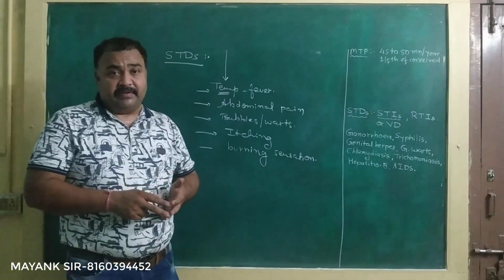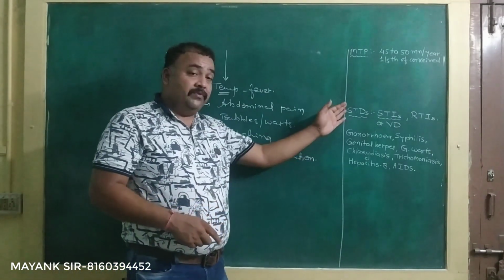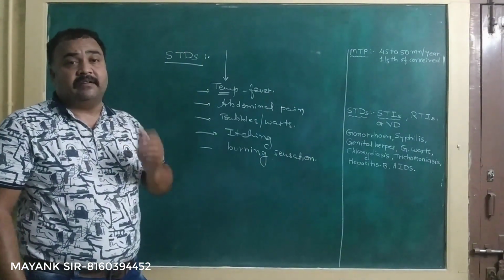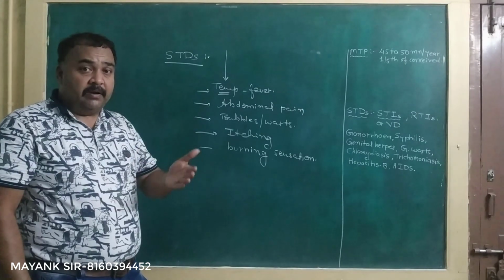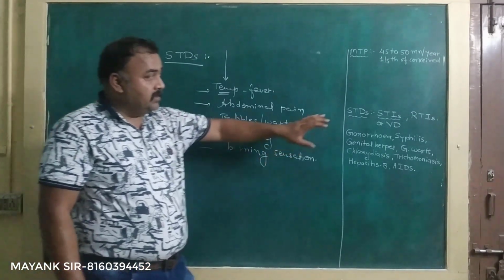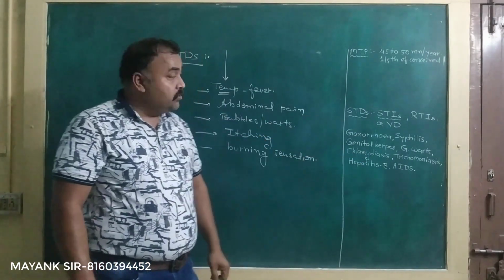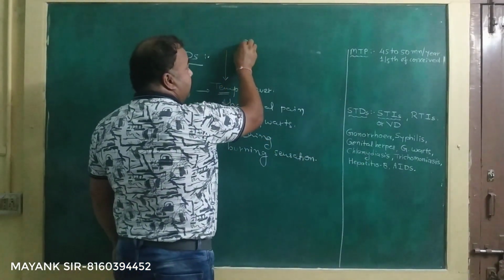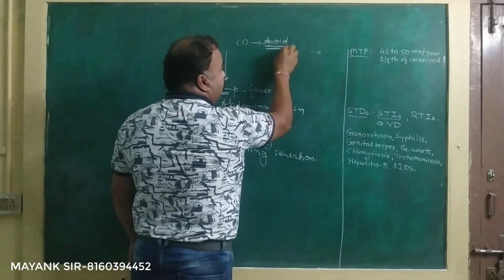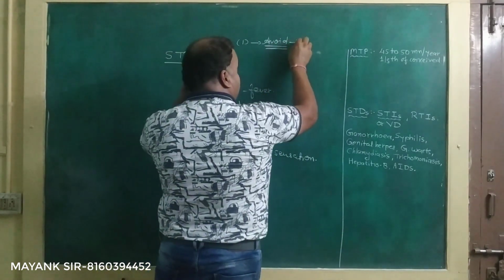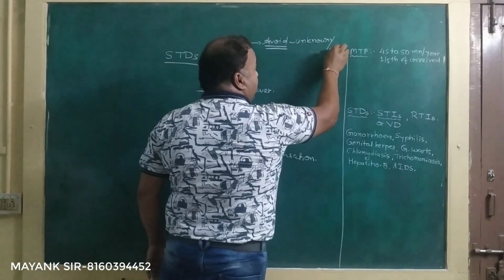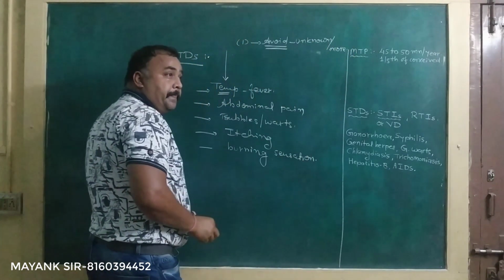So what do we have to do to prevent them? See, prevention or precaution is better than cure. That means, instead of waiting to be cured, prevent yourself from entering into this kind of condition. So what can we do? First, avoid sexual contact with unknown or multiple partners.